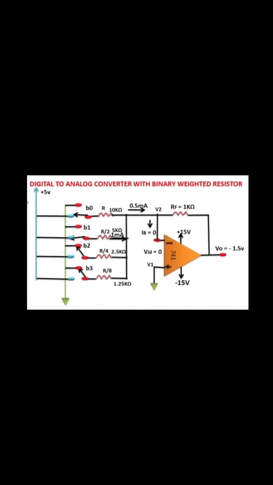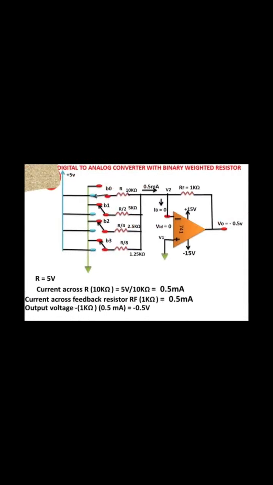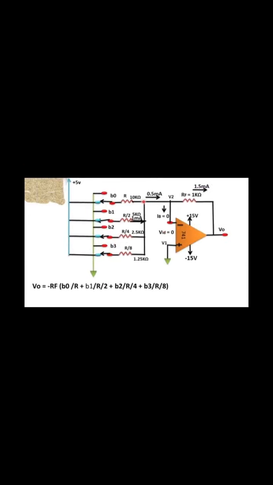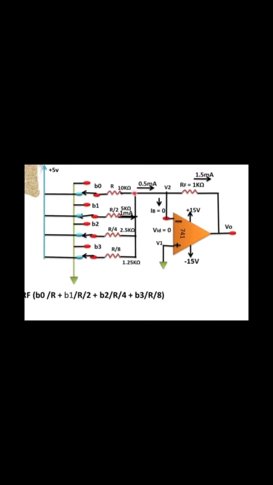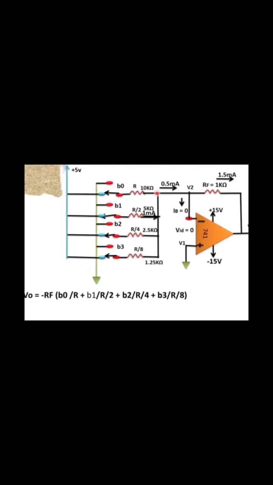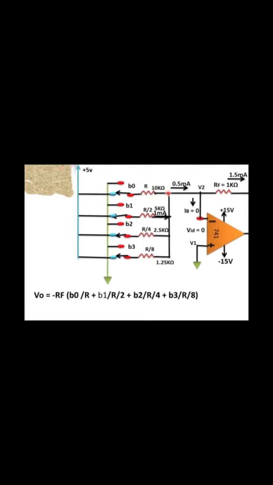When all the switches are closed, meaning all are connected to plus 5 volt, the output will be maximum, and that output is given as V0 is equal to minus of RF into B0 by R plus B1 by R by 2 plus B2 by R by 4 plus B3 by R by 8, where each input B3, B2, B1 as well as B0 may be either high or low.